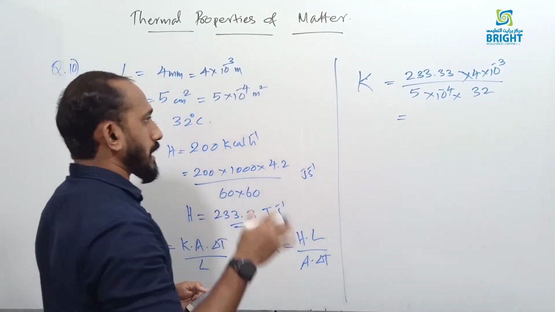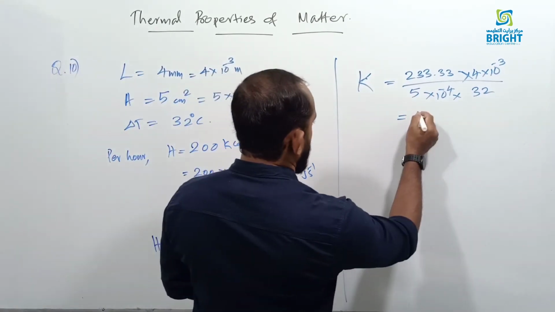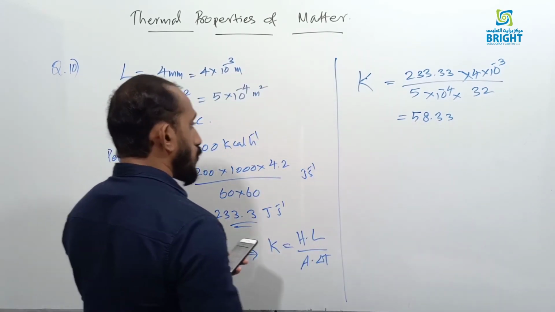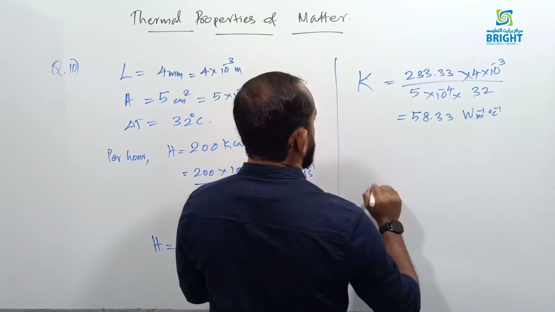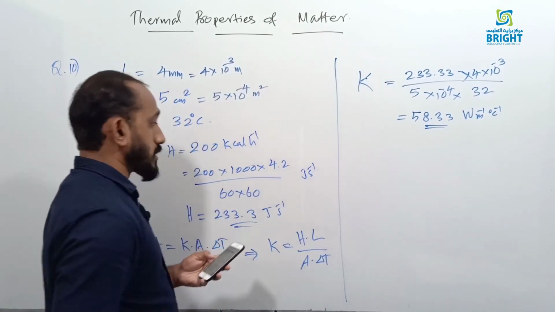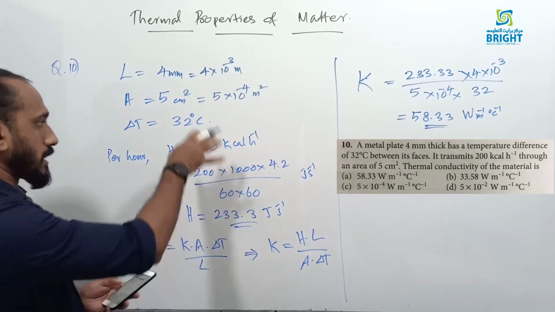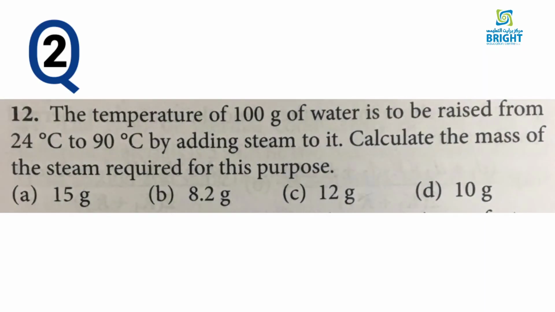If you do this calculation, just dividing the power terms and all, you will get almost 58.33. That much watts per meter per degree Celsius. So here the option is A, the answer. Okay, so that is how the conversion is done and how to find the thermal conductivity. I hope you got it. But another question we can do like this.